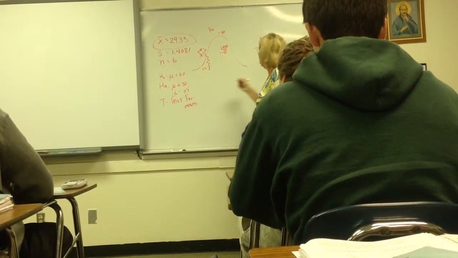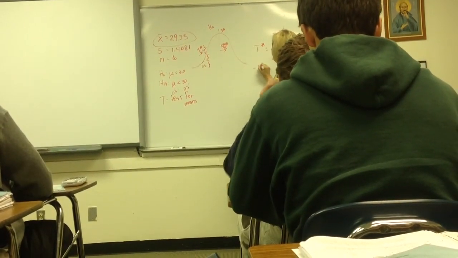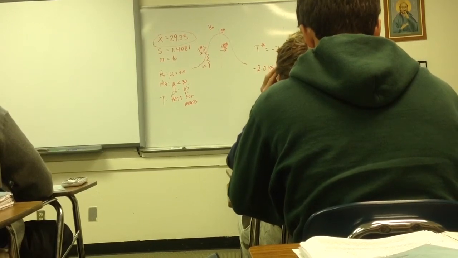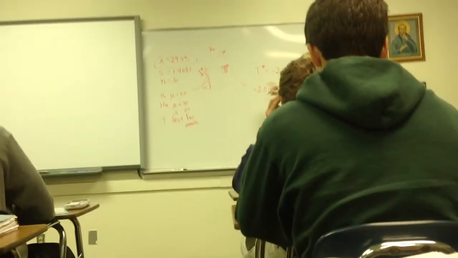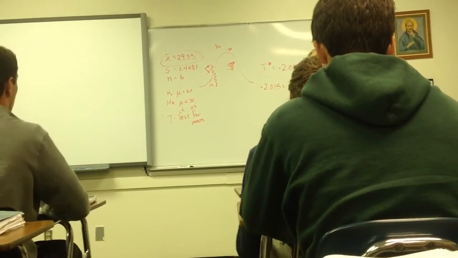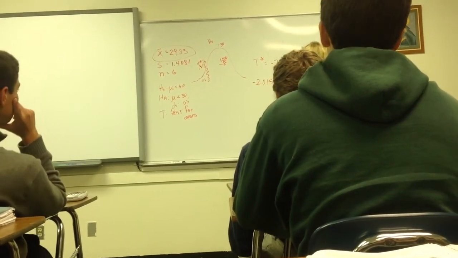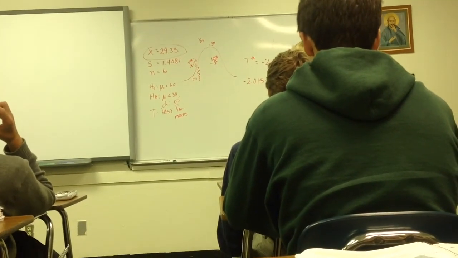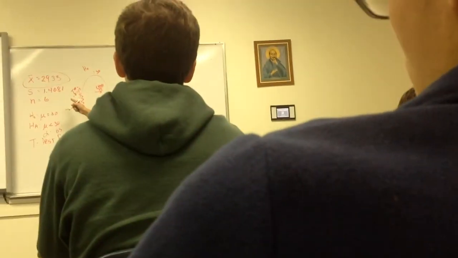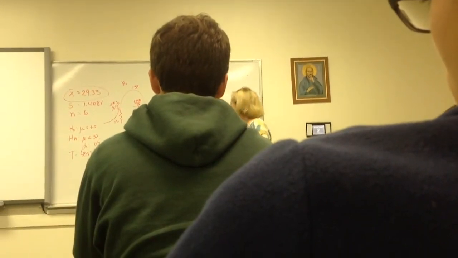I'm really not. So negative 2.015 equals X bar minus mu, which is 30, because I'm talking about my original thing, over the standard deviation, which is 1.0481 over the square root of 6. And I come up with an X bar value for this, which is going to be my X bar cutoff. Tell me what that turns out to be, please.